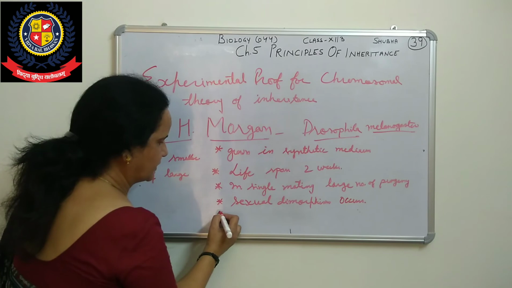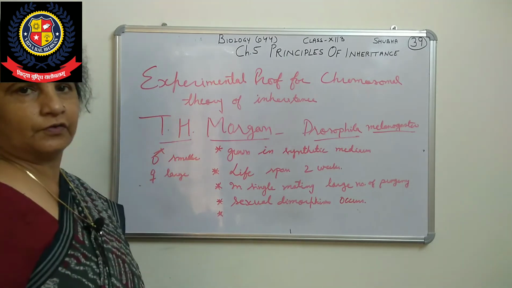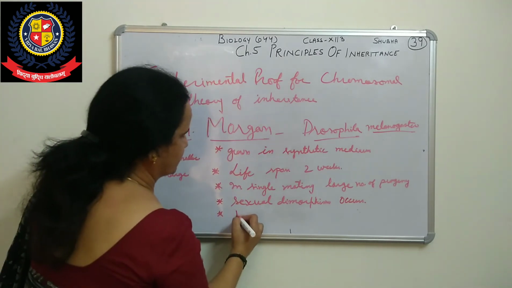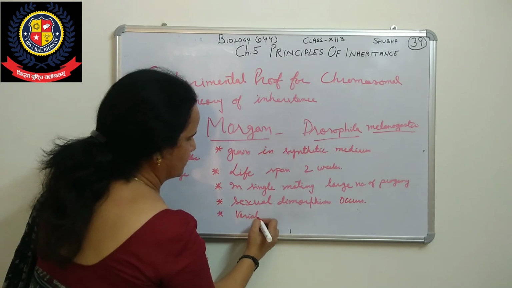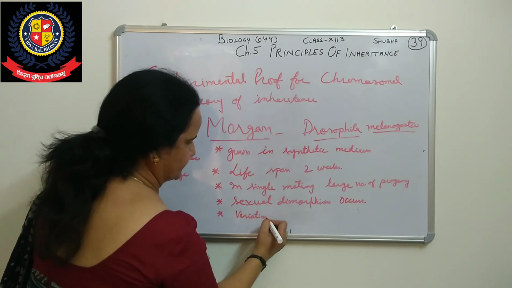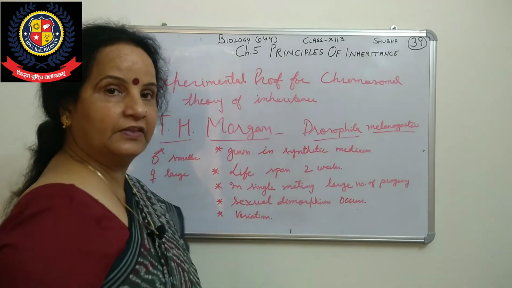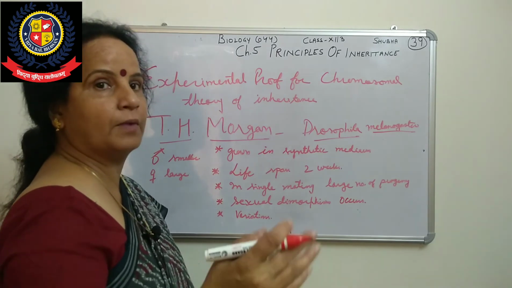One more reason, the fifth reason, is variations. A large number of variations, a large number of traits, are there, and those variations can easily be seen under a low power microscope.